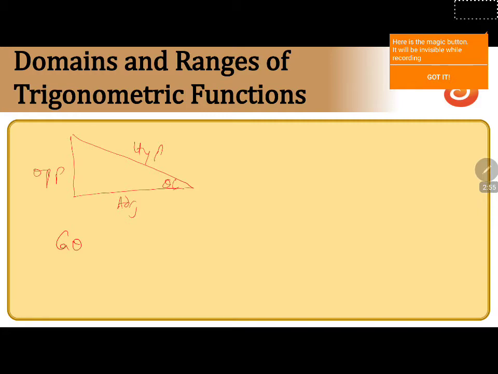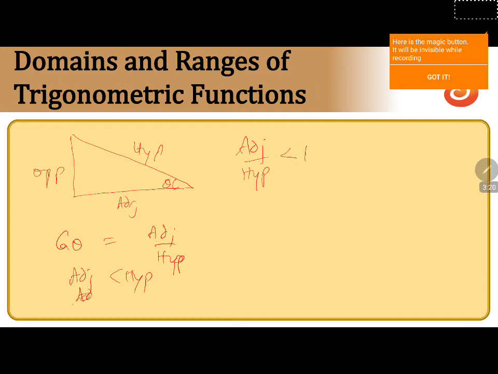Cos theta is equal to adjacent by hypotenuse. Again, the adjacent side is less than the hypotenuse. Adjacent by hypotenuse is always less than 1.